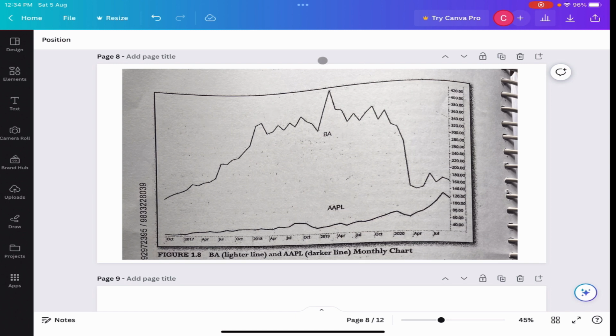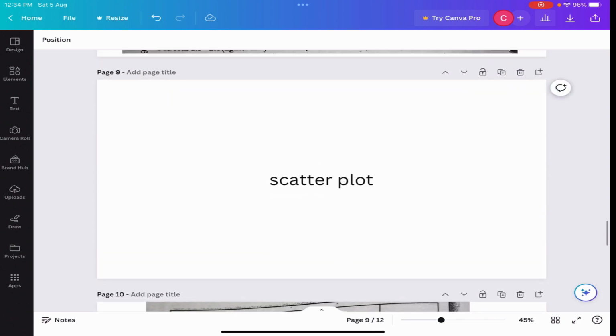So when I plot two stocks on the same chart, this is helping me analyze the relationship between both of the prices and how similar or how correlated they are. You remember we saw what a scatter plot was in our level 1. That's why I've always been saying, even during the level 1 lectures, that you need to be clear with the concepts in level 1, because these are the concepts which would be used in level 2 as well, right?